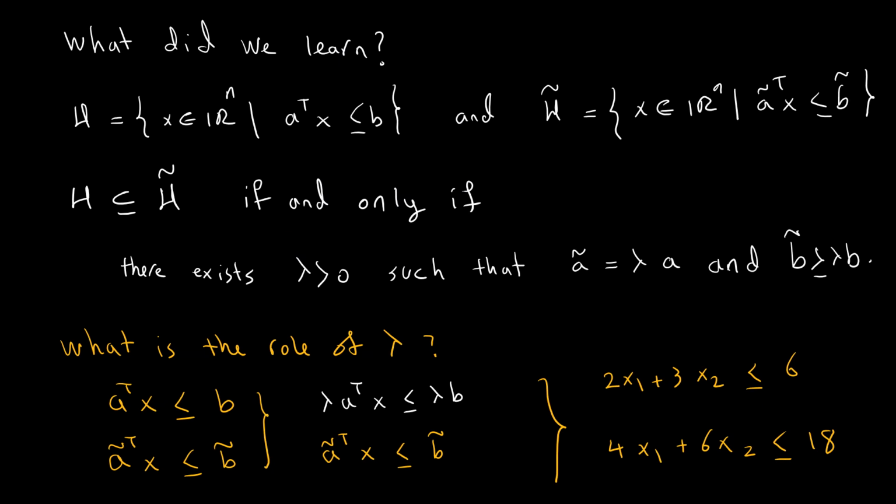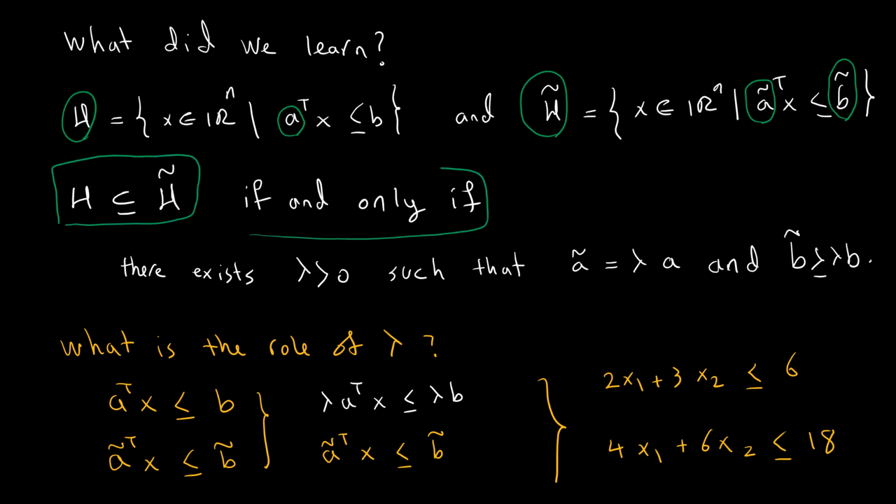Okay, what did we learn? We learned that we have a half space H, which has A with no tilde, and half space H tilde, which has A tilde and B tilde. And we are saying that H is contained in H tilde if and only if that statement holds true.